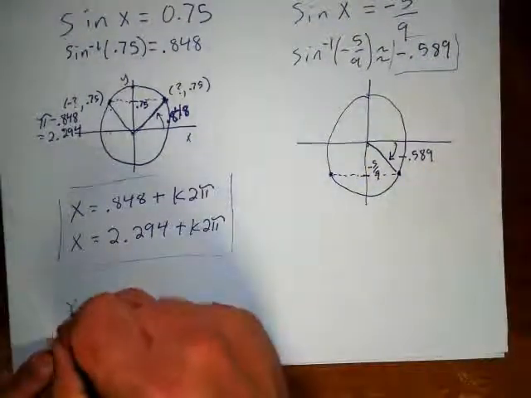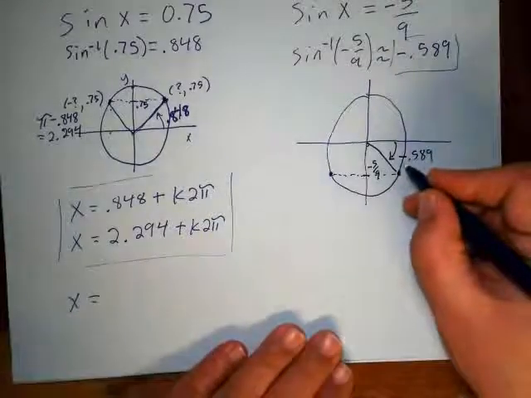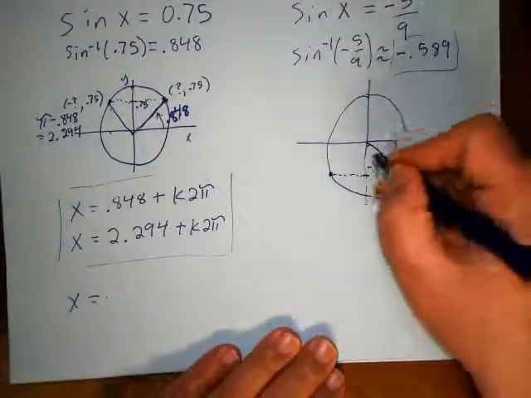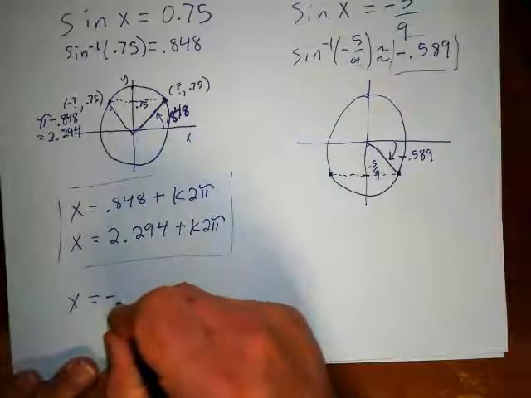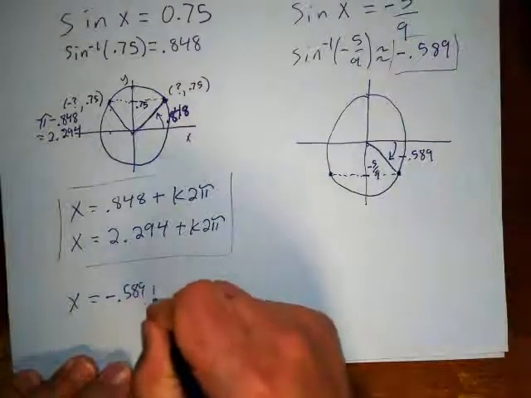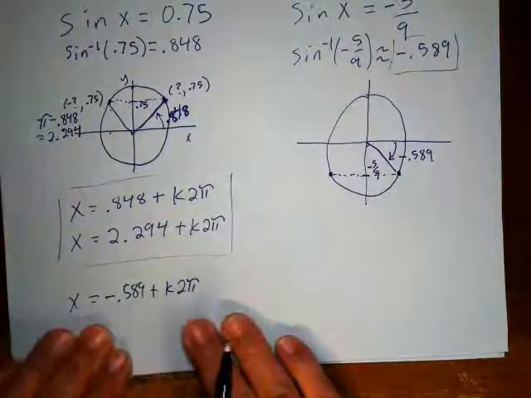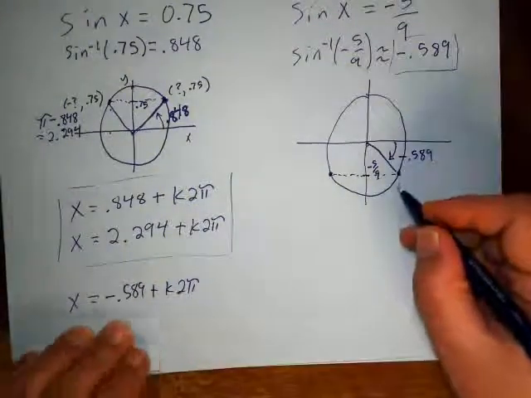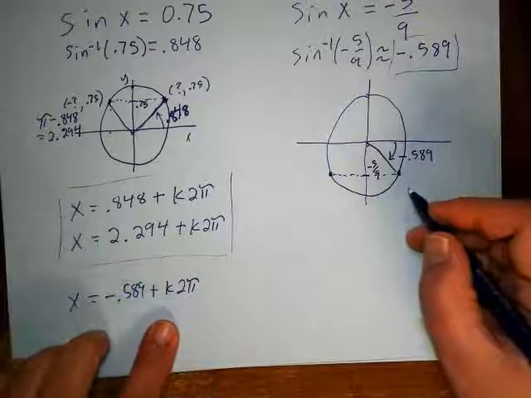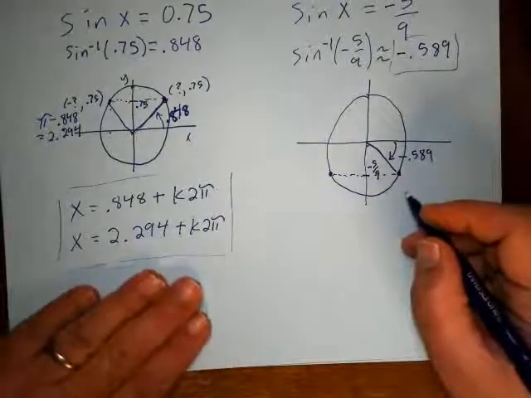Now let me say something here. You would have this angle plus all the rotations of that, so if you did negative 0.589 plus k times 2 pi as one of your solutions, and I'm writing it over here because this is not the way I normally do it.